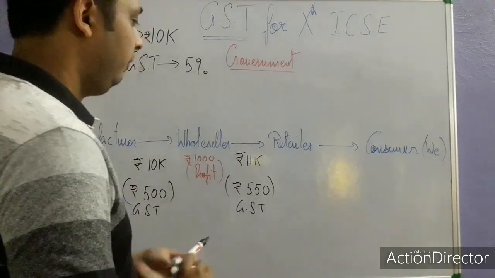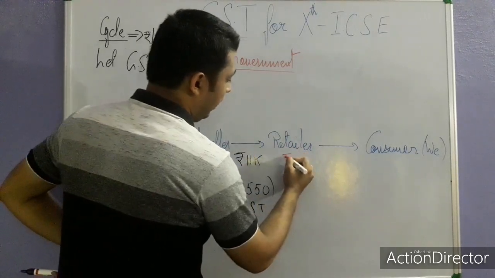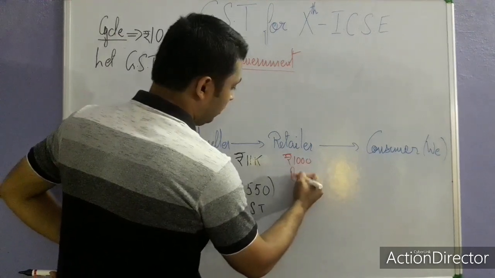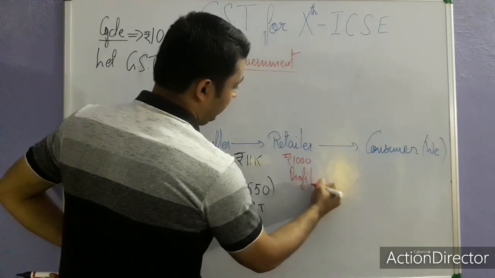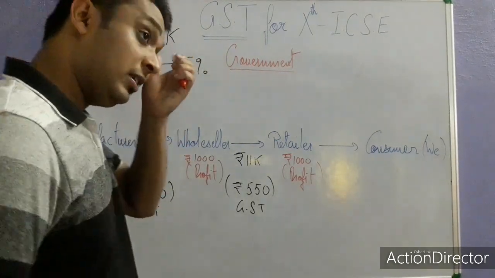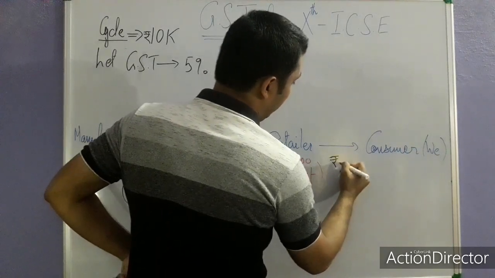And again we had something else in the example, that the retailer is also making a profit of rupees 1,000. So this was the profit made by the retailer. Clear? So now the price of the cycle becomes how much? For the consumer it becomes 12,000.